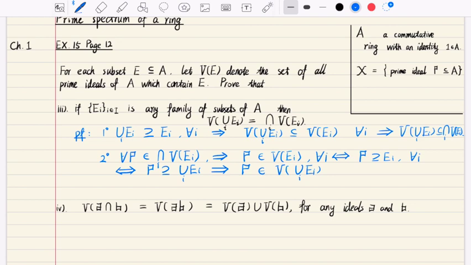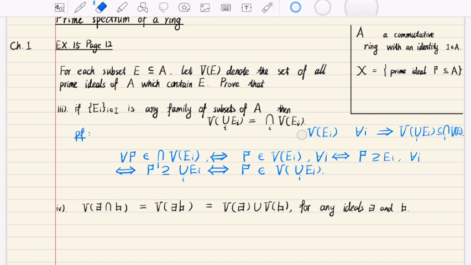In fact, all these arrows here are if and only if, as you can see. So in fact, we don't need the first sentence. Let's just erase it. Okay, bingo, that's done.